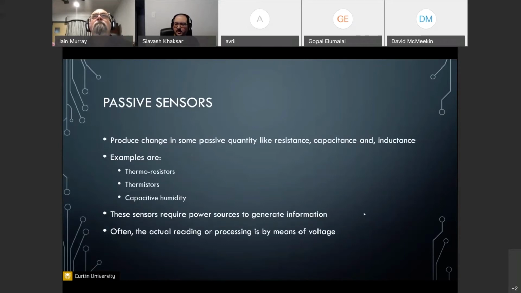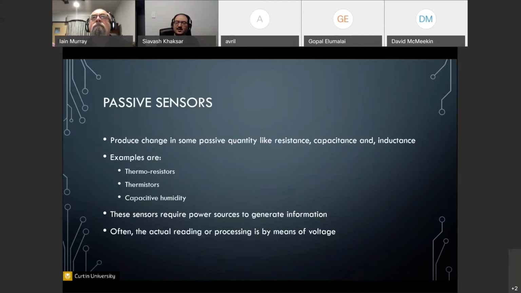We also have passive sensors. The difference is they look into passive quantities such as resistance, capacitance, and inductance. Instead of looking at changes in voltage and current, we're looking at changes in resistance, capacitance, and inductance. At the raw numbers level, it really doesn't matter which change they're giving us.